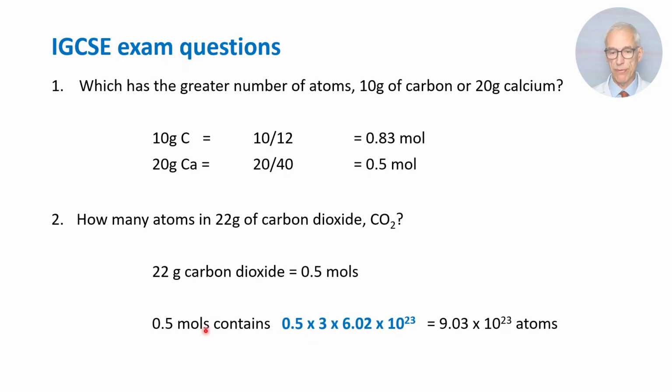So 0.5 moles of molecules would be 0.5 times Avogadro, numbers of molecules of carbon dioxide, but each molecule of carbon dioxide contains 1, 2, 3 atoms. So my total numbers of atoms is 0.5 times Avogadro times 3. Comes to 9.03 times 10 to the 23 atoms.